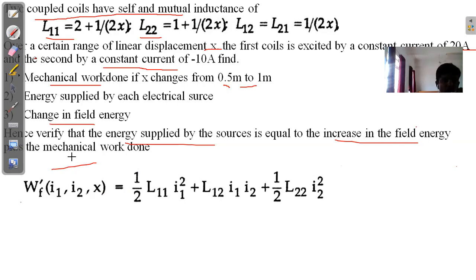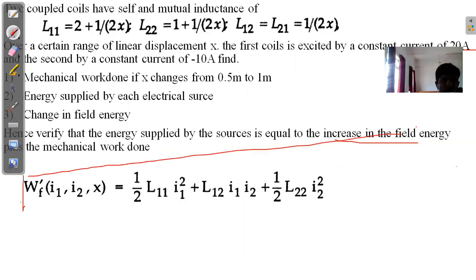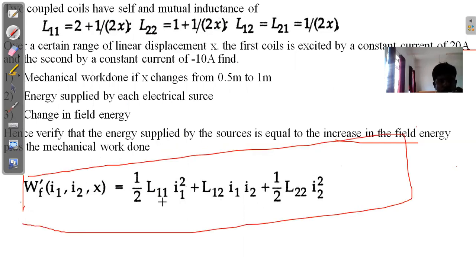What formula is used here? In terms of co-energy, W dash of I1, I2, x equals 1 by 2 into L11 I1 square plus 1 by 2 into L22 I2 square plus L12 into I1 into I2.